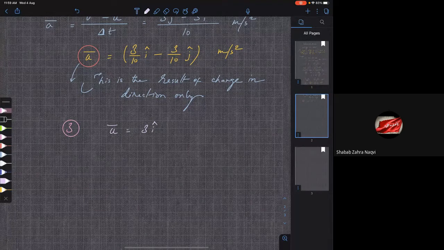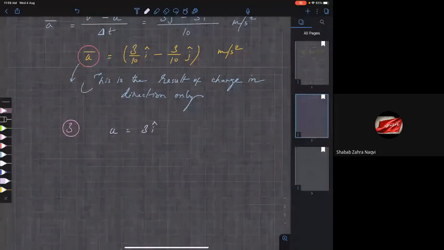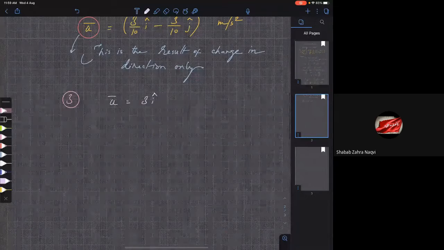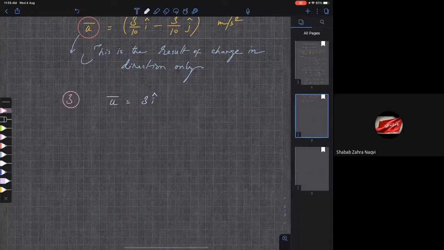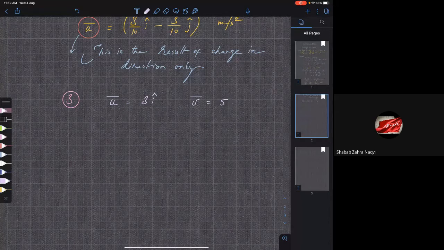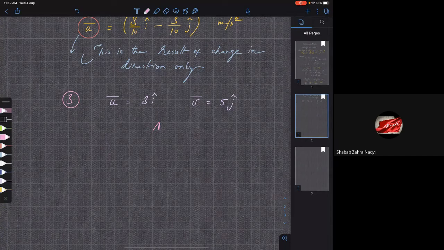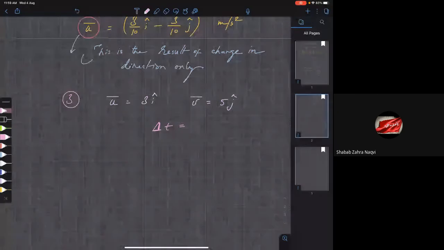Time can be anything, so let us take delta t as 2 seconds.